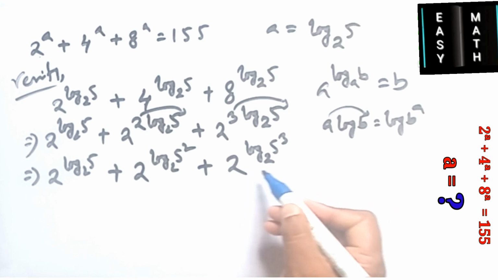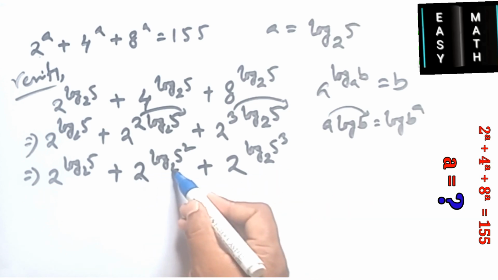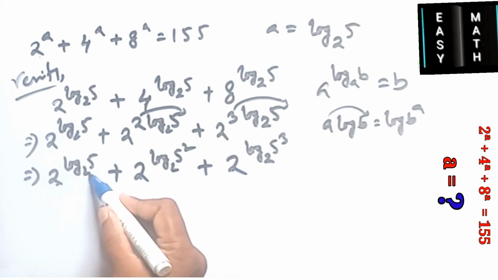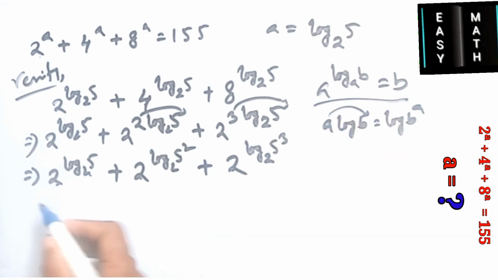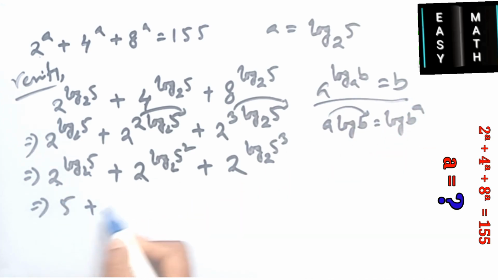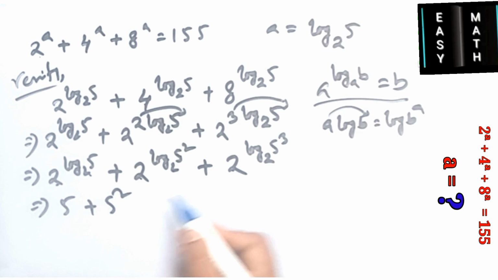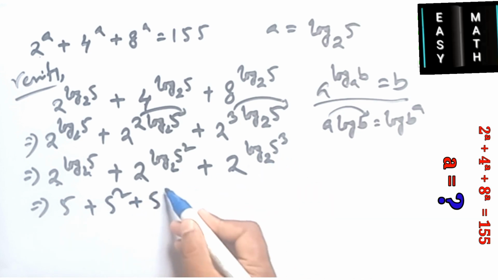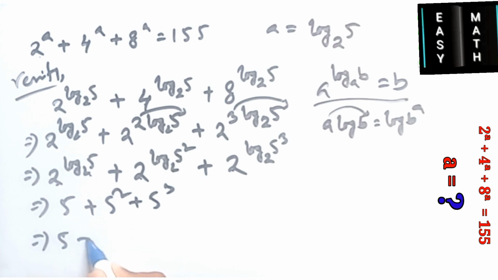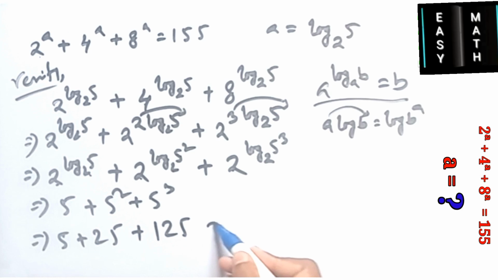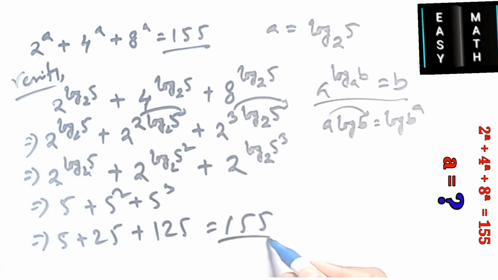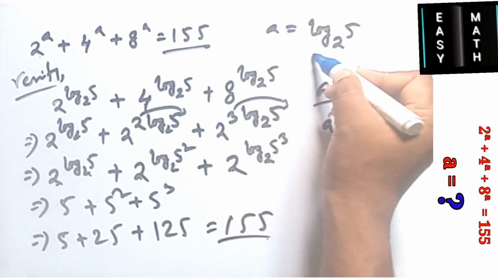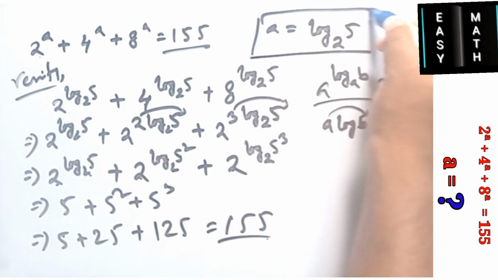And now use this formula. So there is 5, and this is 5 square, and this is 5 cube. So 5, 25 and 125. So this is equal to 155. So this is the proof. So a value is log 5 base 2. This is right.